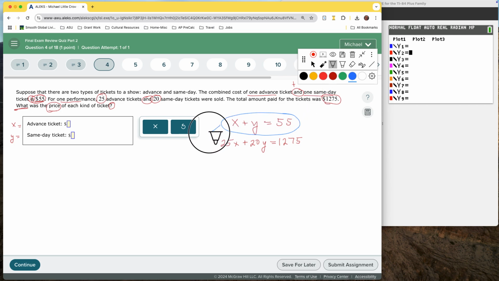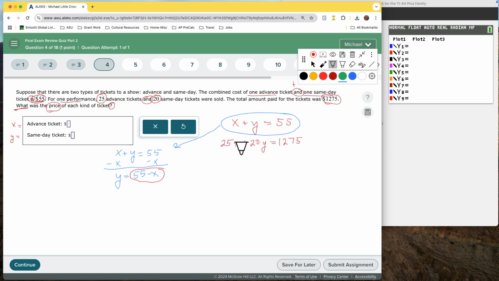So I'm going to take this over to the shop and solve for Y. I subtract X from both sides. I then get that Y equals 55 minus X. So in the second equation, everywhere I see a Y, I'm going to replace it with 55 minus X. There's only one place, but again, same thing.